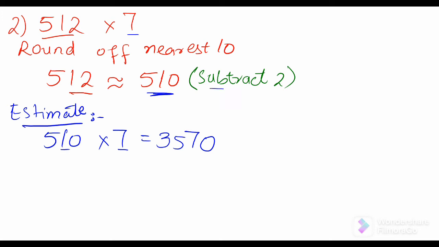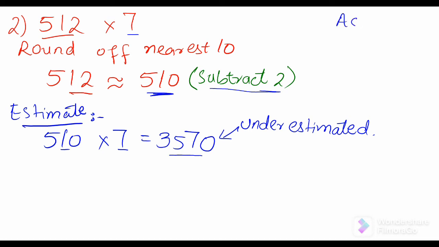We subtracted two from 512 to get 510, so it means that my estimated product is underestimated. It means that my actual product must be slightly greater than 3,570. So let me find out my actual product.